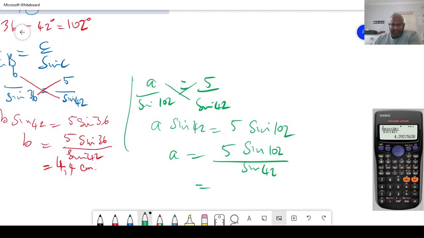Let's put that in our calculator: 5 sine 102, close brackets, over sine 42. That gives you 7.3 centimeters.